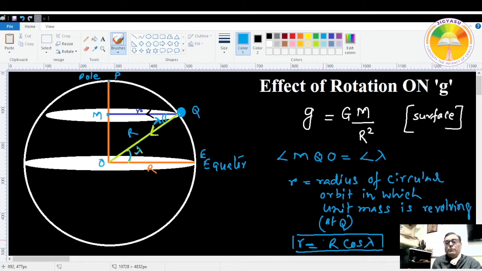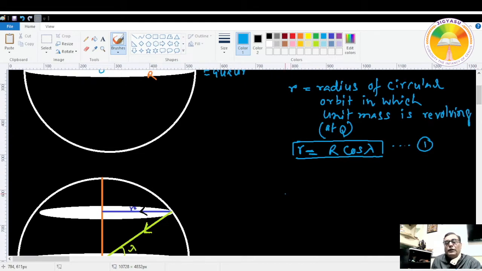I hope you remember it. There's a way you can remember: alongside the angle, it is always the cos component that we take. This is just a mnemonic to make you recall it quickly. So the component is required. This is one thing. The second requirement here is centripetal acceleration AC, which is given by omega square r, where r is the radius.